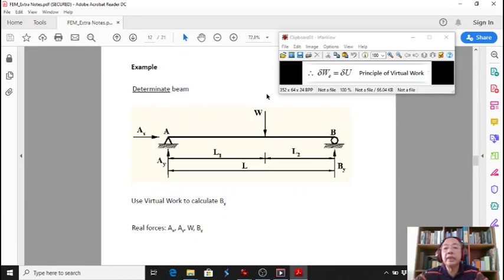We consider the expression from the last slide: virtual work external is equal to virtual strain energy. This comes from the last slide.